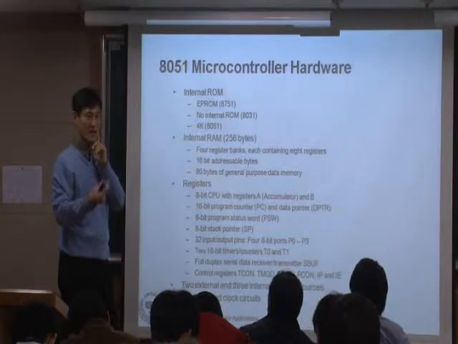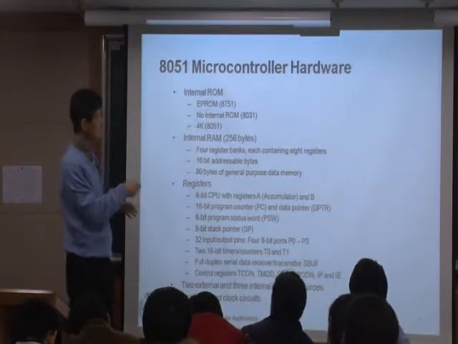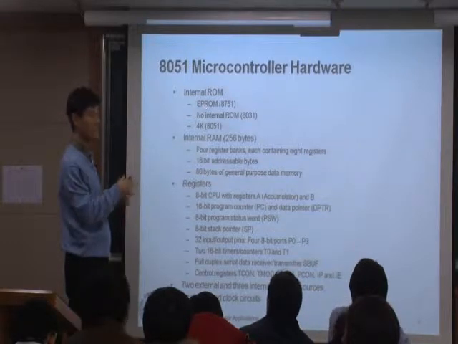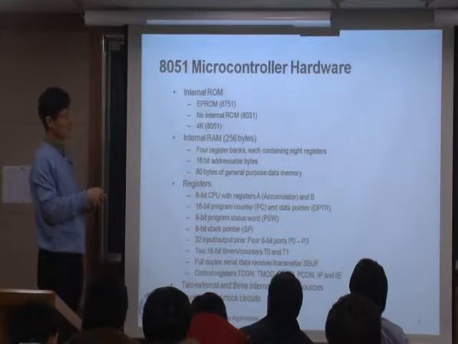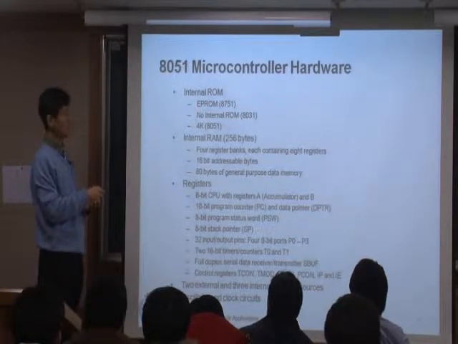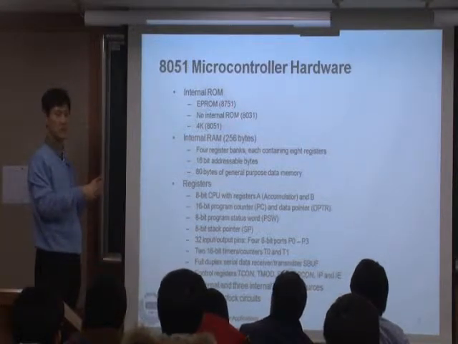Typically, ROM is not easy to program, but this one is a special ROM which allows you to erase and program it a little bit more easily. So there is 8751. Other than this one, all the other things are exactly the same. So that's why we call that a family.